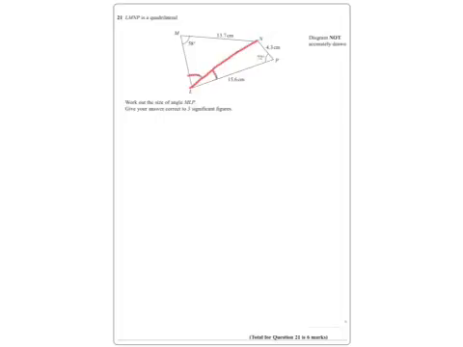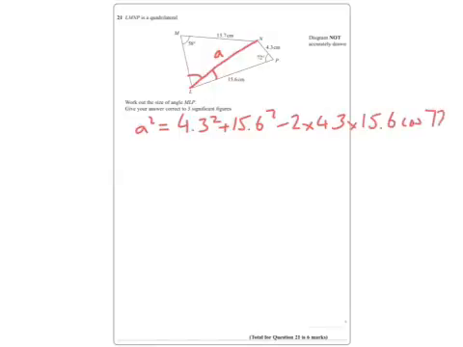and add them together. Alright, so that line there, I need to work out the length of, and I'll call it A, using the cosine rule. A squared equals 4.3 squared plus 15.6 squared minus 2 times 4.3 times 15.6 cos 72.